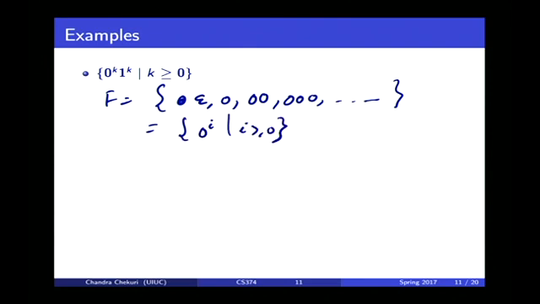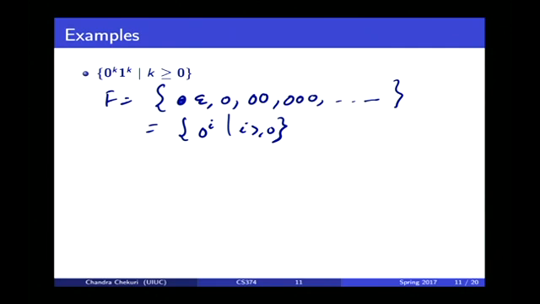Why? What is the definition of a fooling set? Any two strings in that set should be distinguishable. Why is it the case that any two strings here are distinguishable? Because if you have 00 and 3 zeros, I can put two ones here and that will distinguish them, because 0011 should be accepted and 00011 should not be accepted.